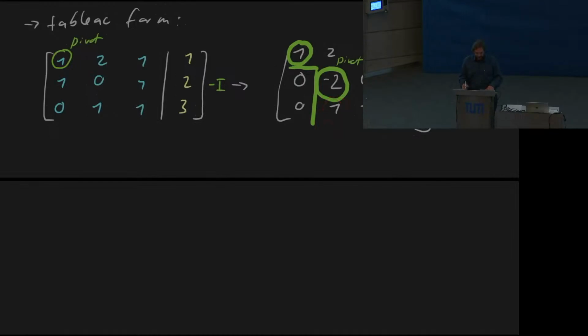How do I do that? Well, I just could add 1/2 of the second row to the third row. Right? That would mean I get 1 minus 1, that's 0. So that's what I do. I'll add 1/2 times row number 2 to the third one.